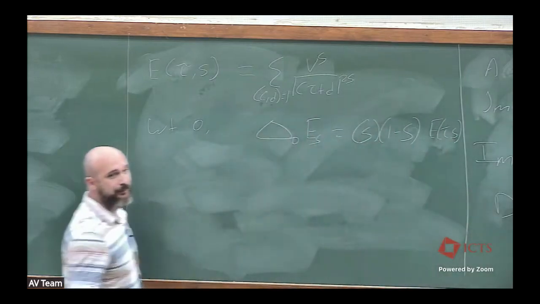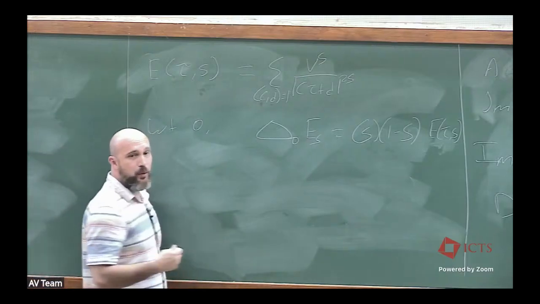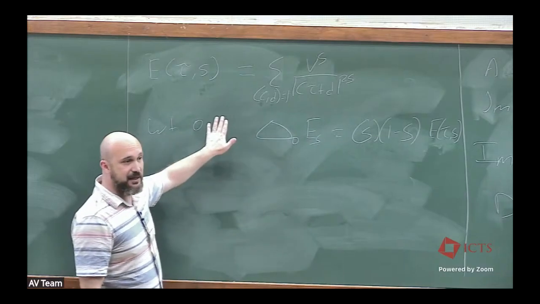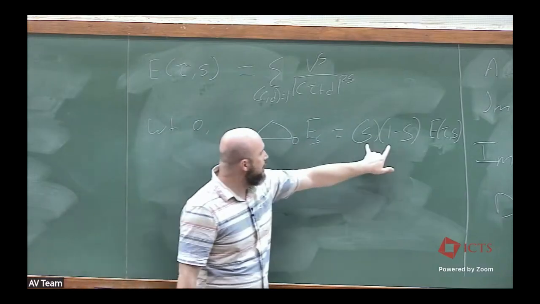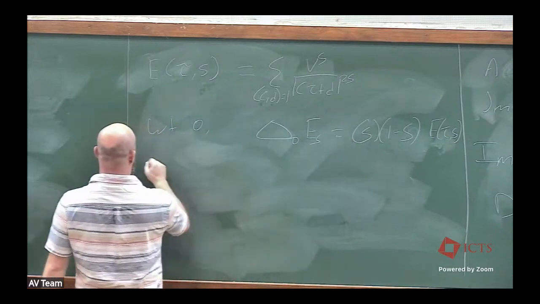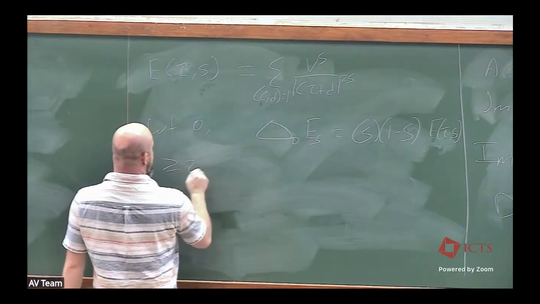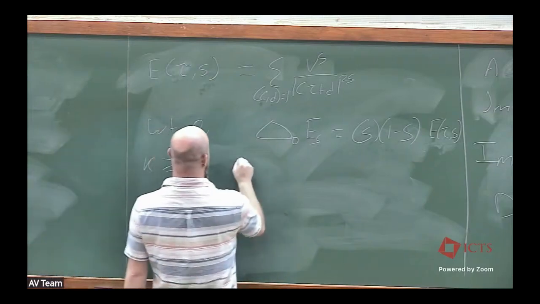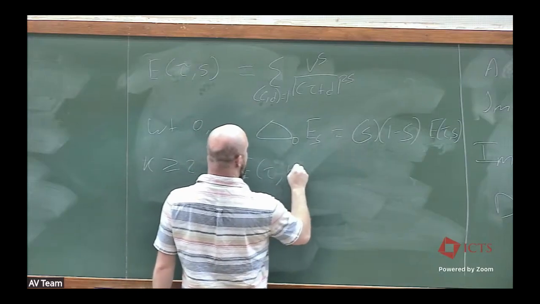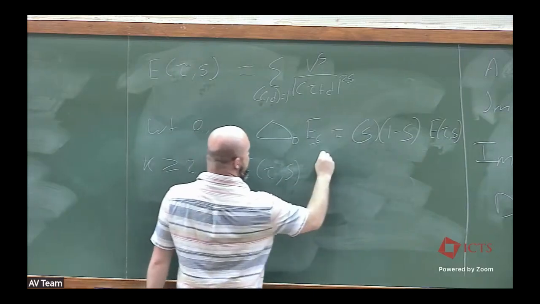Yes, thank you. Okay, and so it turns out that if I want a harmonic Maass form from this Eisenstein series, I can get there using this eigenvalue and a raising operator. So for example, let's take k bigger than or equal to 2, and I'm just going to look at E(tau, s).